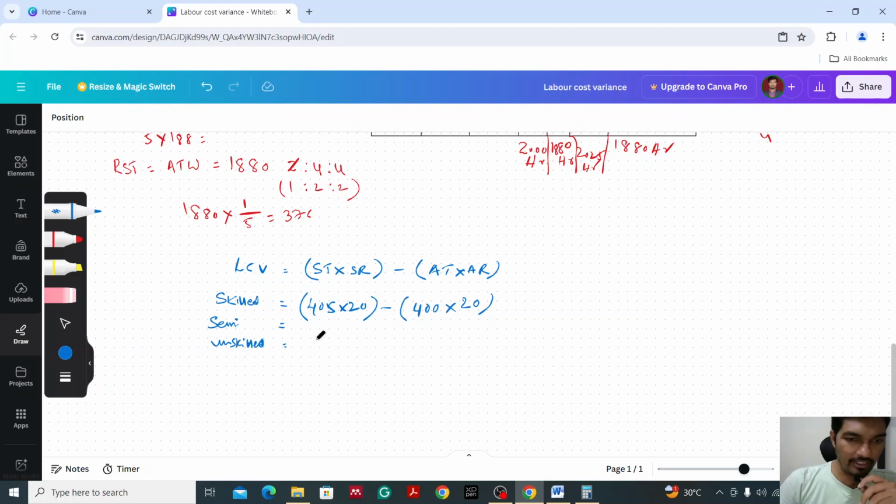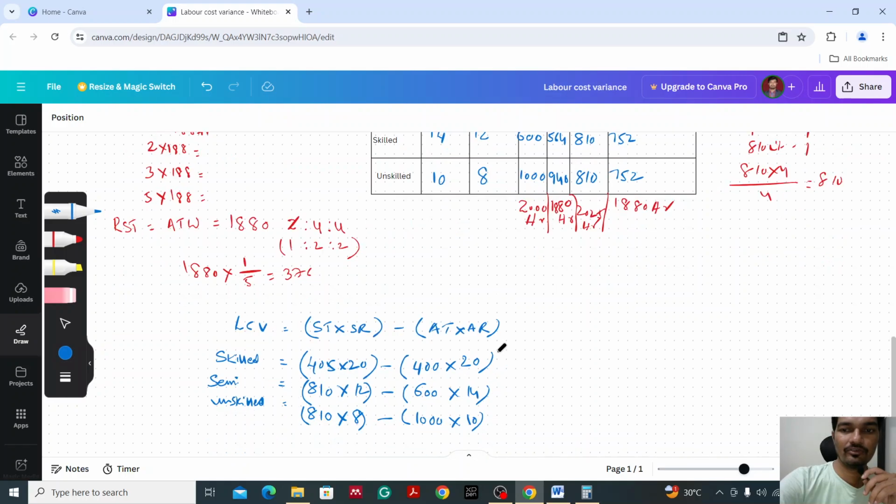And similarly we do the rest of the items. 810 hours into 12 minus 600 into 14. For unskilled also, 810 hours into 8 minus 1000 hours into 10.